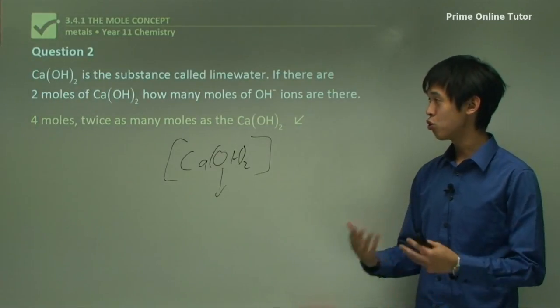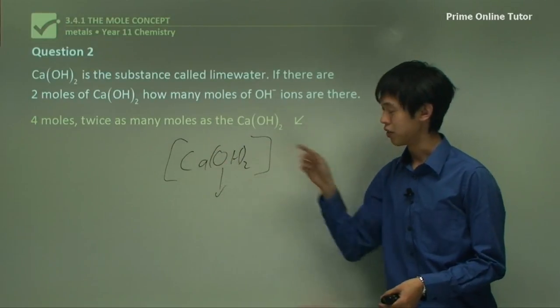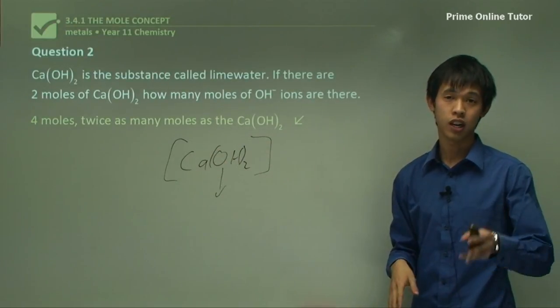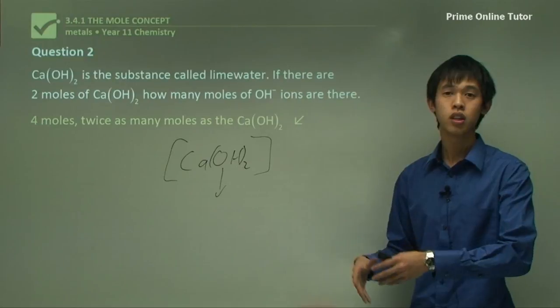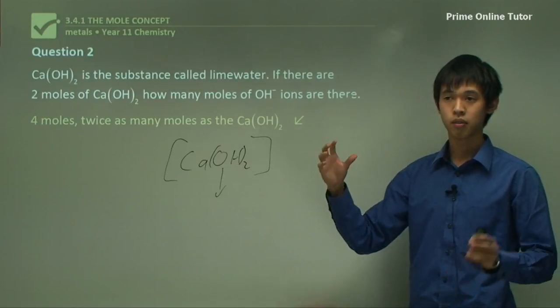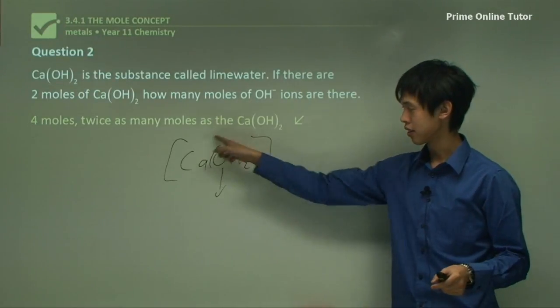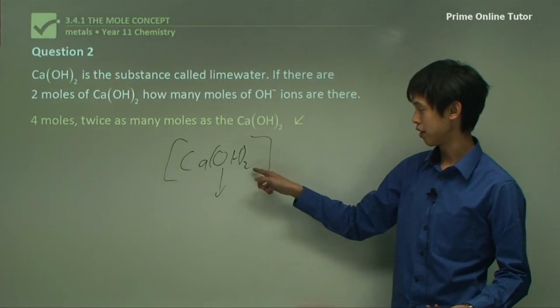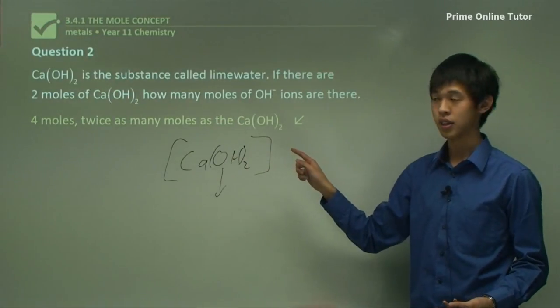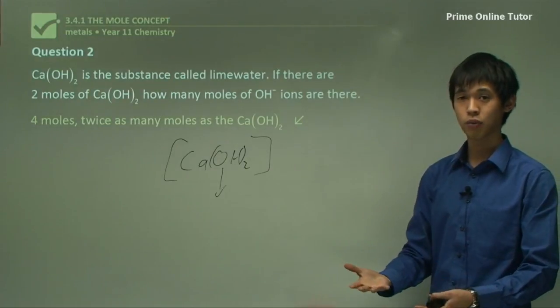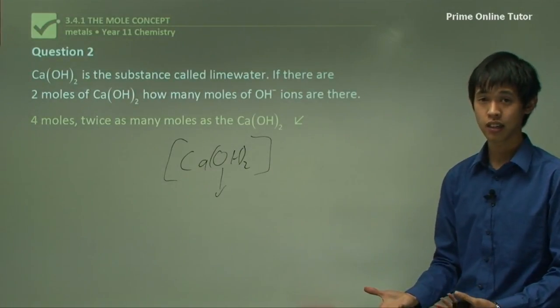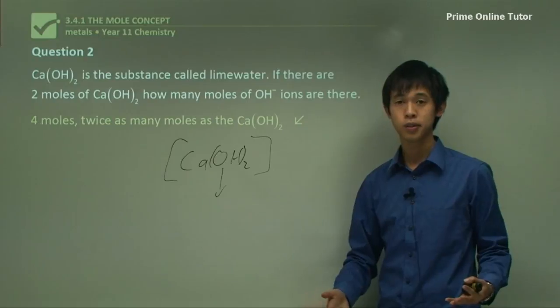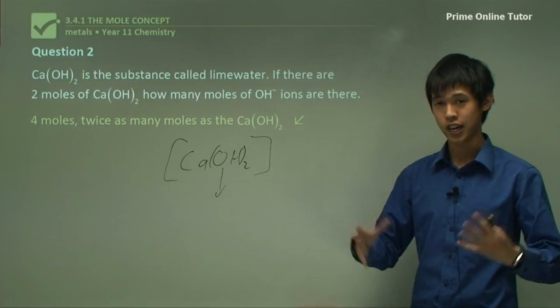Now if we have 2 moles of this, which is basically just saying we have 2 times 6.022 times 10 to the 23 molecules of this, then we'd have twice as many of these hydroxides. So if we had 2 moles of calcium hydroxide, we must have 4 moles of hydroxide ions.